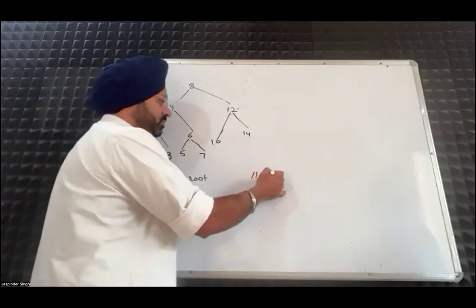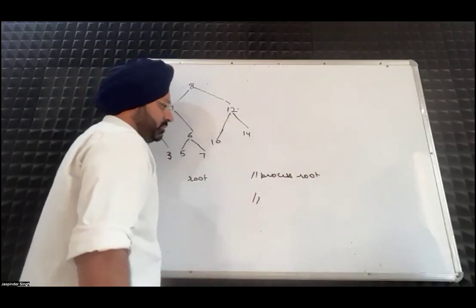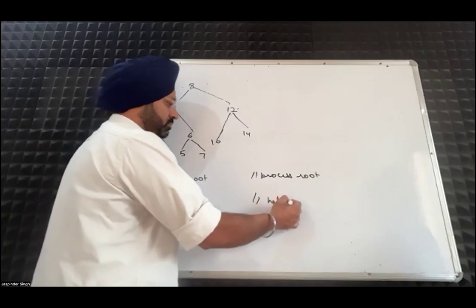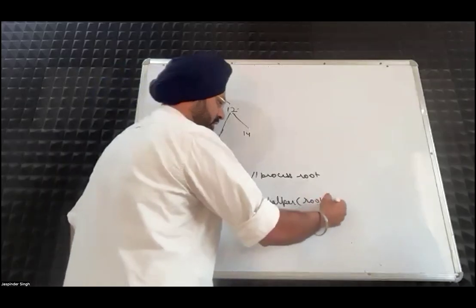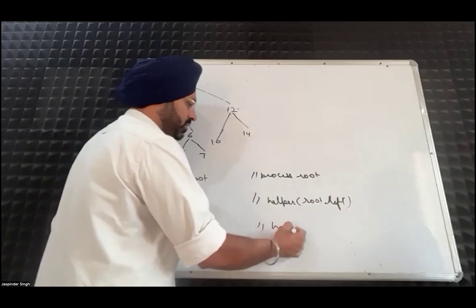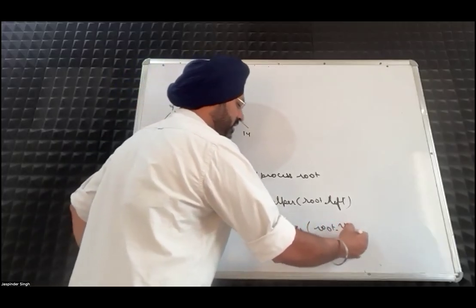We process the root. Then we call on the left, which should also be a valid BST, and the right should also be a valid BST. We make a function call on root.left, and then a function call on root.right. Correct? Yes. Is this in-order traversal then?